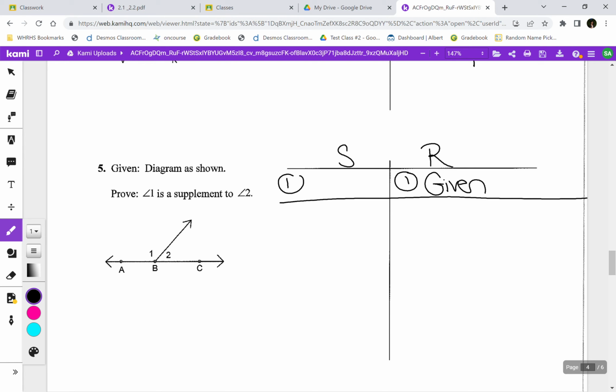Which angle? ABC. Excellent. Angle ABC is a straight angle. But has it been told to us in the proof that angle ABC is a straight angle? No. So do I have to write that down? Yeah. So we're going to go through and say angle ABC equals straight angle.